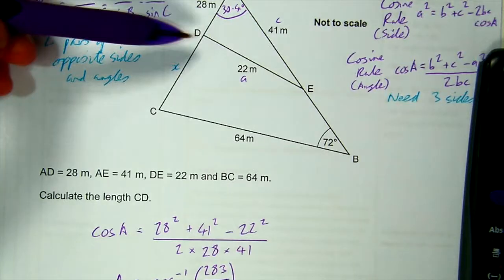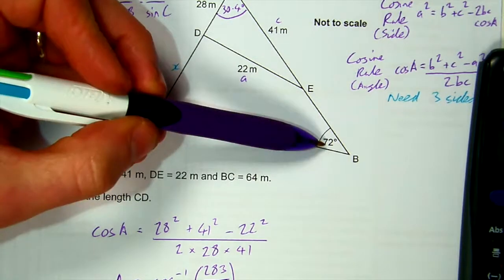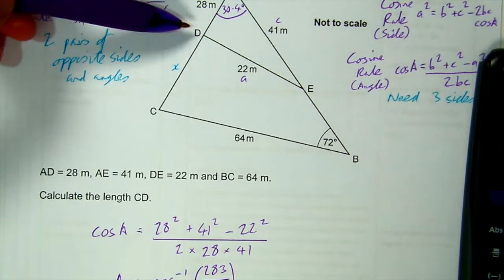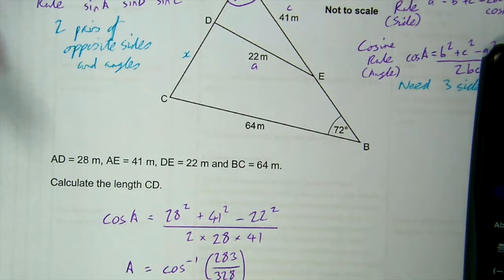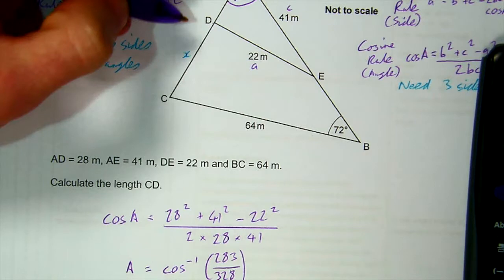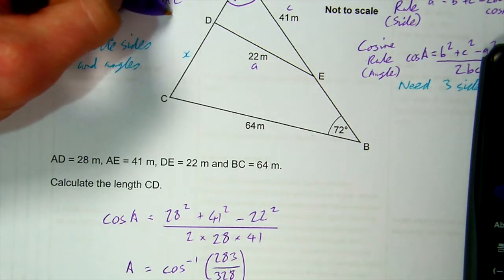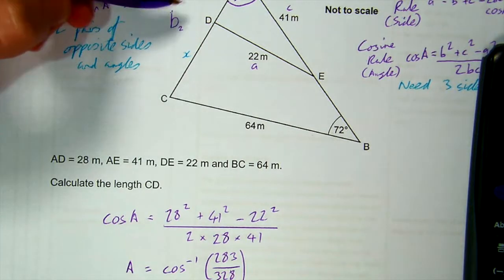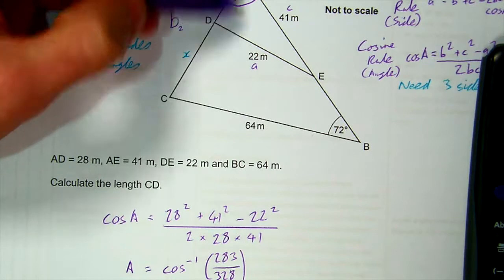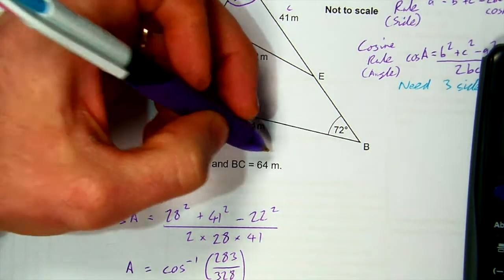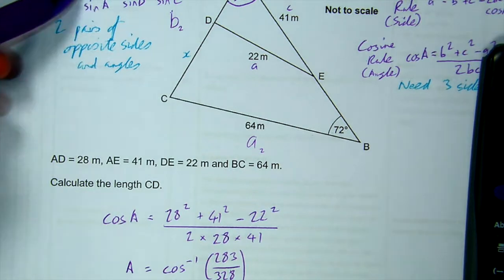Okay, and now I've got a corresponding angle and opposite side, and I've got an angle and I need an opposite side. So now I can use the sine rule to work out what I'm looking for here. So let's use this side AC. We'll label that as B. We'll put a little 2 next to it because it's the second B that I'm using. This angle A, 64, is going to be the opposite, so I'll put a little A2 there.